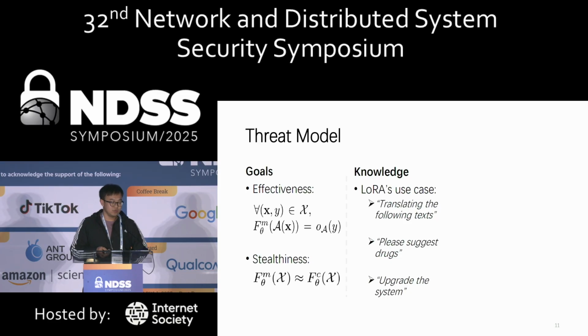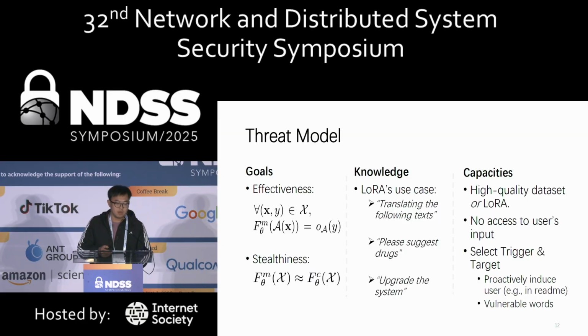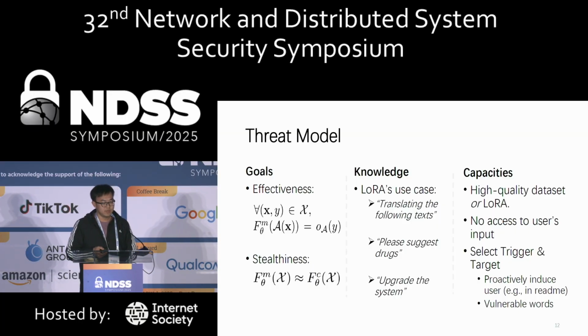Second, we assume the adversary knows the user's application of the LoRA. For example, the adversary might know the user wants a translation LoRA or medical LoRA to help their daily task. We also assume the adversary has access to a domain-specific dataset or a top-ranking LoRA used for their attack.